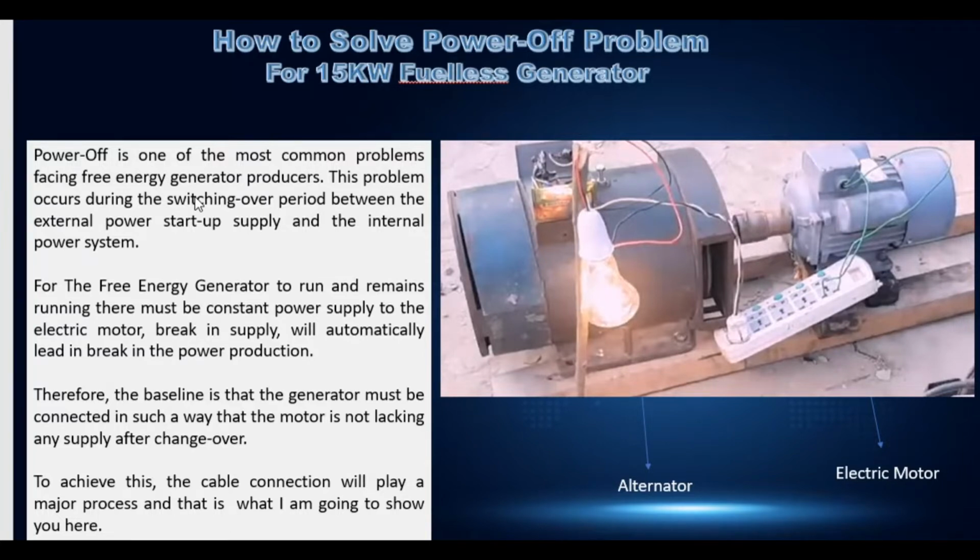They always keep complaining of switch over, change over, power off, and each time they design energy and they want to change over from external power source to internal power supply, the generator goes off. That is where I have to bring this: how to solve the power off problem. I use a 15 kVA generator, which is this one.